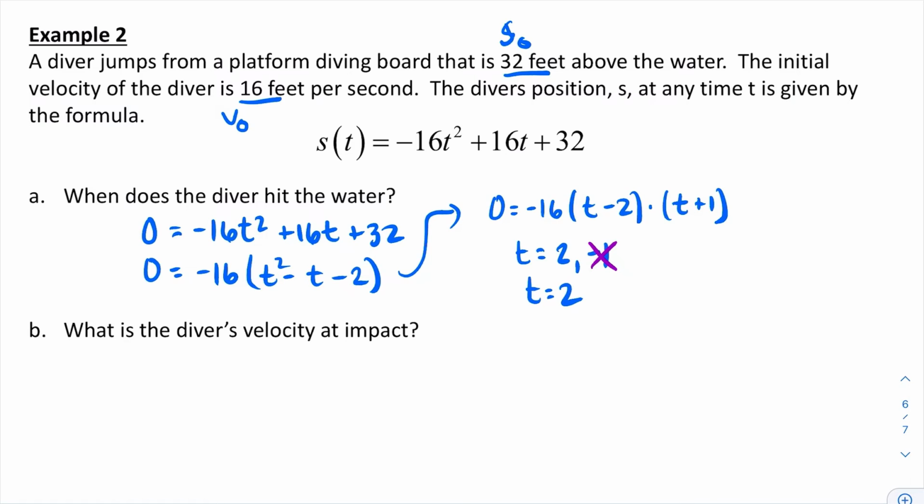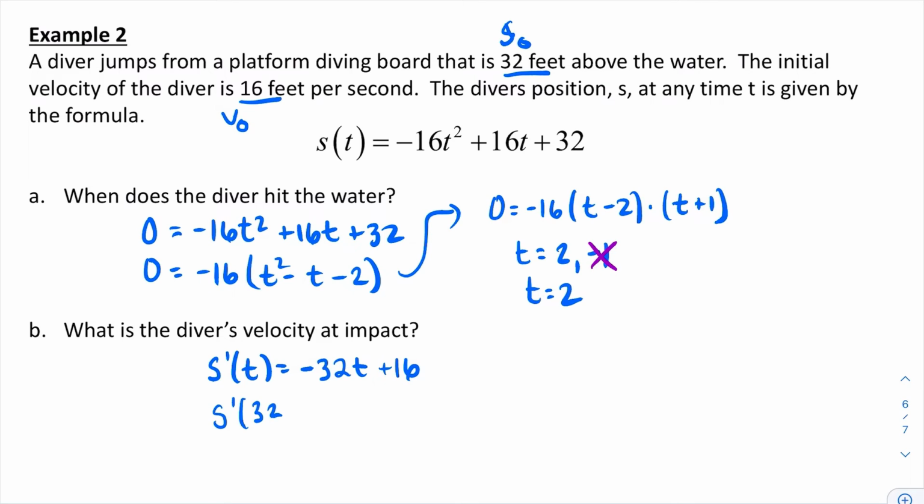diver's velocity at impact? Okay, so my velocity is the derivative of position, so that's negative 32t plus 16. So I find s prime of 2.